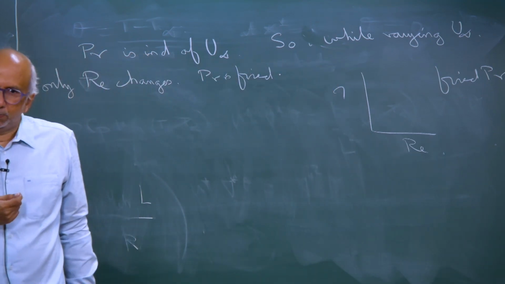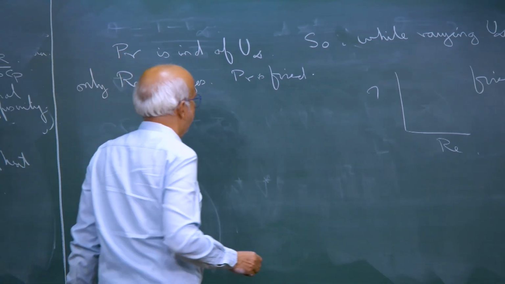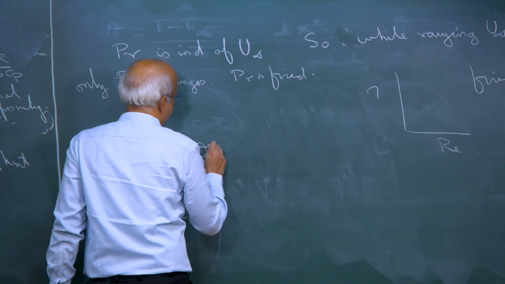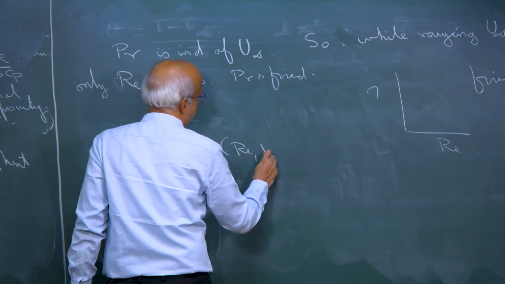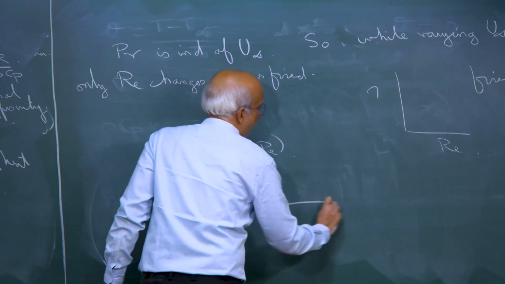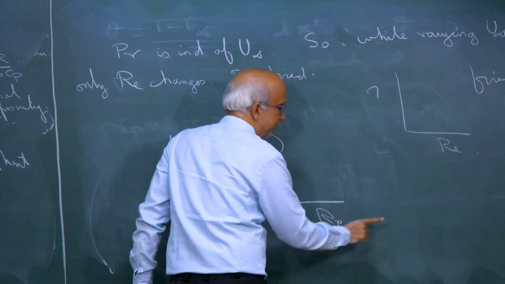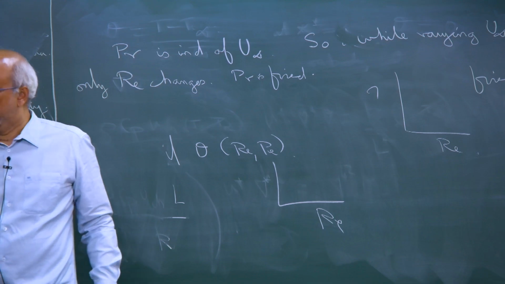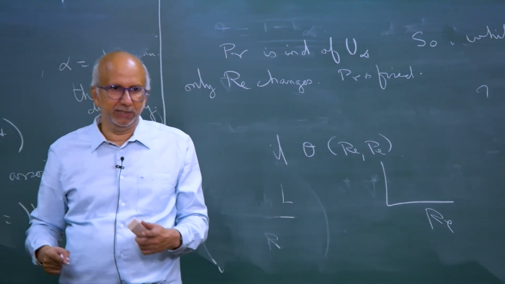But if you do it the other way, if we write theta as a function of Reynolds number and Peclet number, when you vary Reynolds number, let us say by varying velocity, Peclet number also changes. So, in the graph, two things are changing.